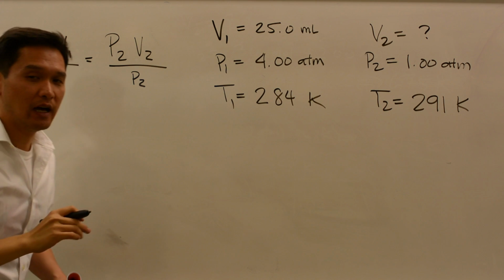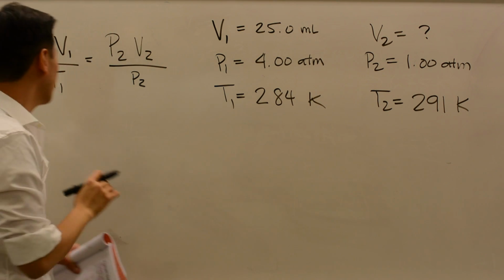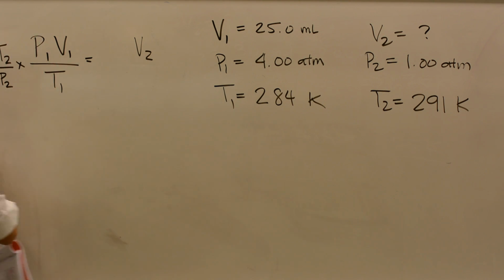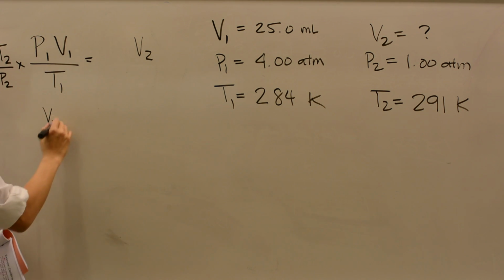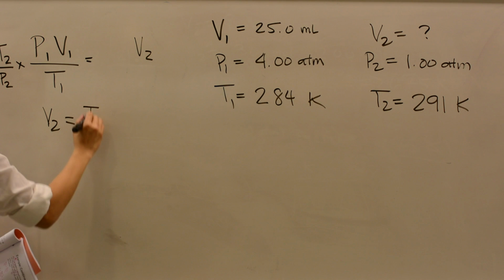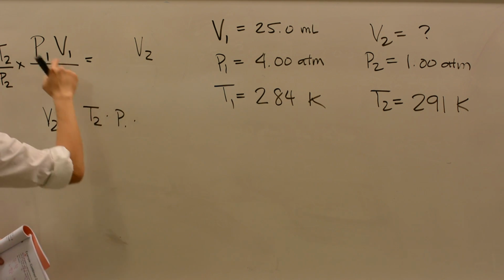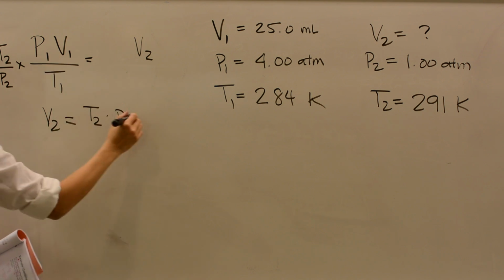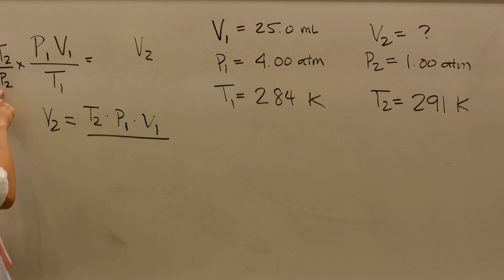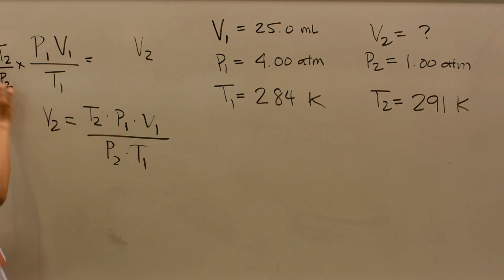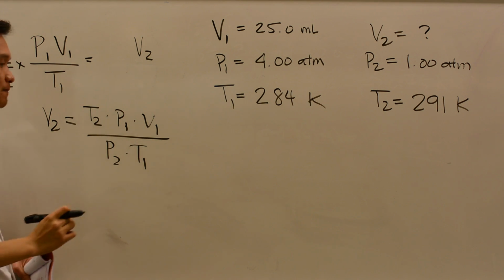Review how to isolate equations if that is confusing for you. Okay, so P2 goes away. So your equation is V2 equals T2 times P1 times V1 divided by P2 times T1. Notice both of these are on the bottom, so they stay on the bottom. All of these three are on the top, so they stay on top.